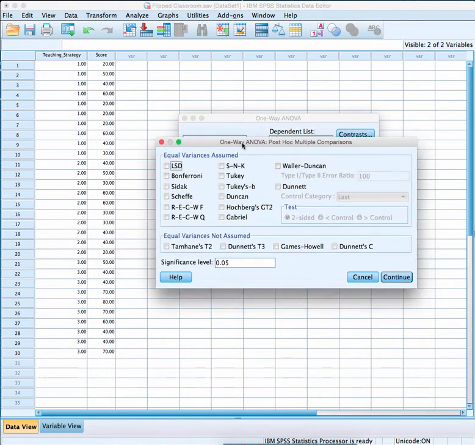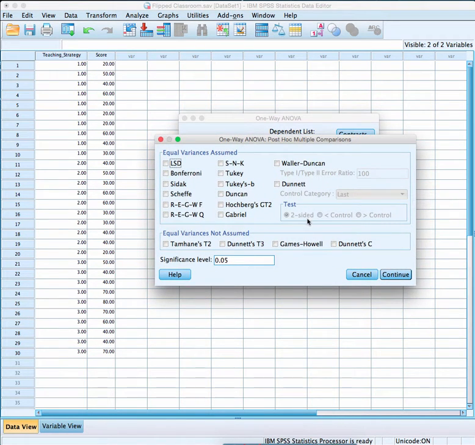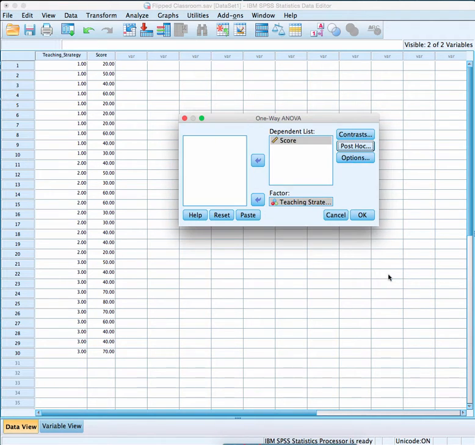And so you can see we have a wide array of post hoc tests that can be used for this purpose. And so I'm going to check the Tukey because it's a well-known conservative test that yields fairly accurate results. And so then I'll click on Continue.